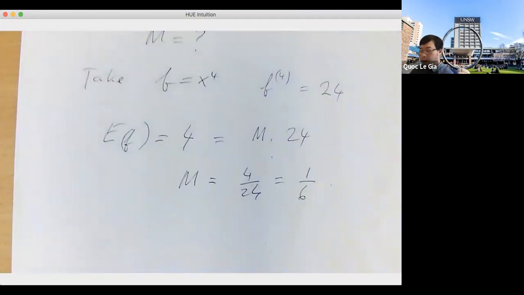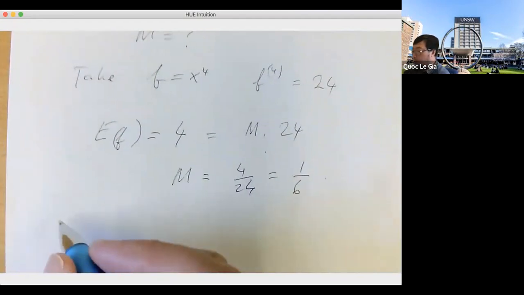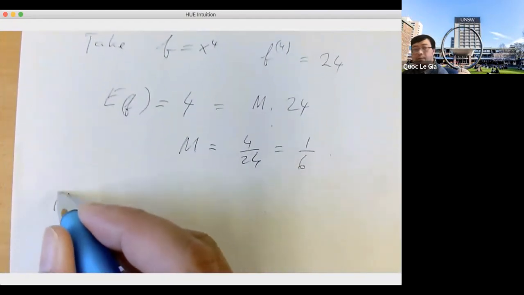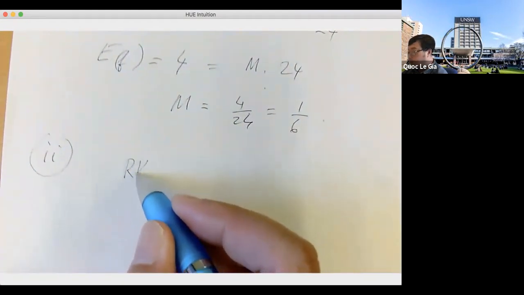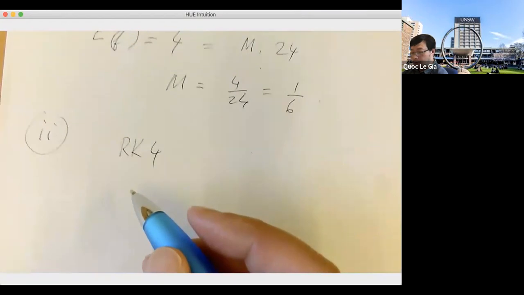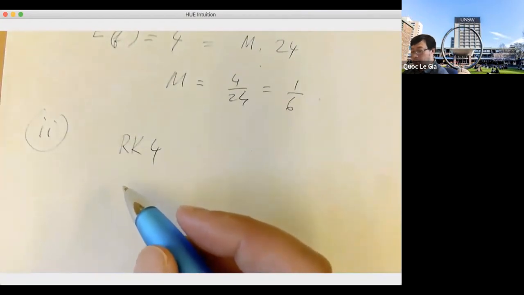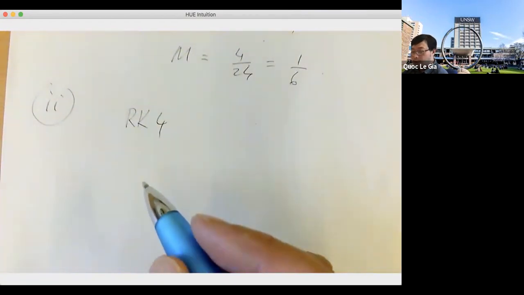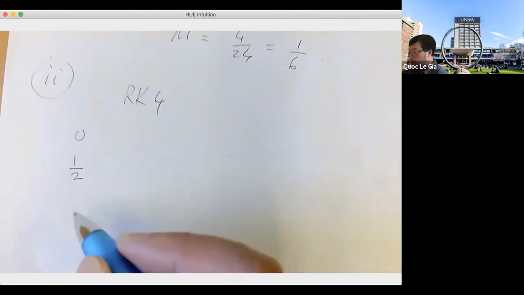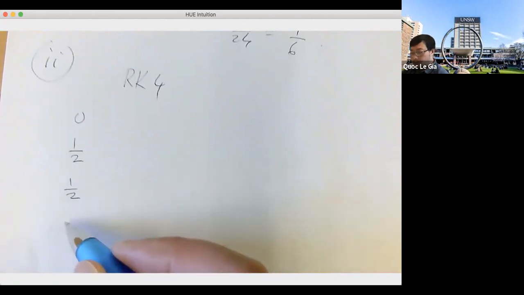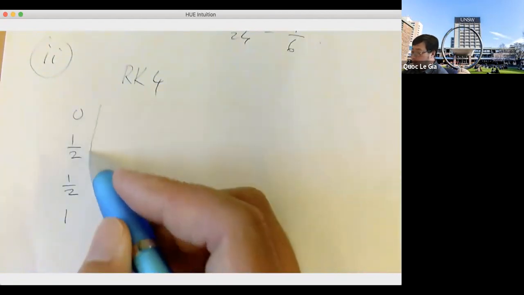Okay, so the last question is about ODE. So suppose you have Runge-Kutta method of order 4. So the general formula is given, and the table is given. So this one you should be familiar with because this one is in the project.